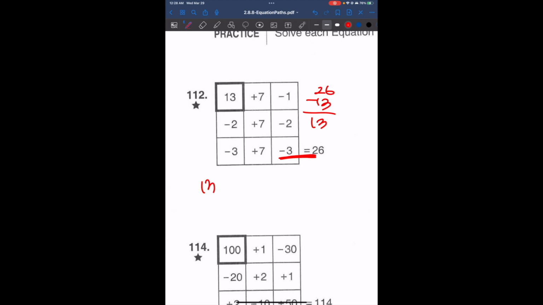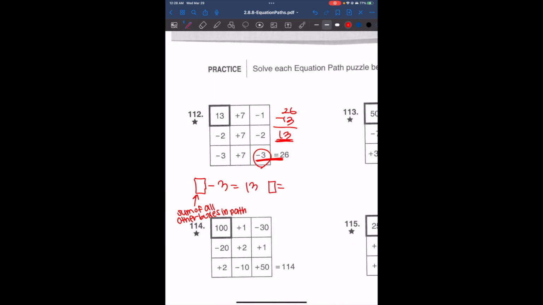I know this might be a little tricky, but let's consider the square. The square is the sum of all other boxes in the path. And we have box minus 3, this equals 13, right? And so that tells us that box equals 13 plus 3, and so the box must equal 16.